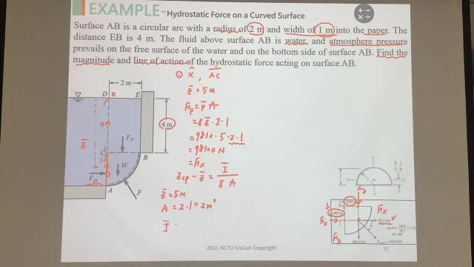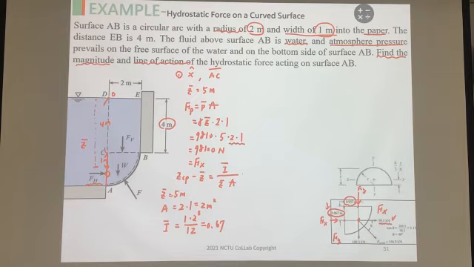And what is I bar? Because this is a rectangle and the rotation axis is parallel to the width direction, the second moment is 1 over 12 times width to the power 1, times the length along AC, which is 2, to the power 3. So this is 8 divided by 12, which is around 0.67.